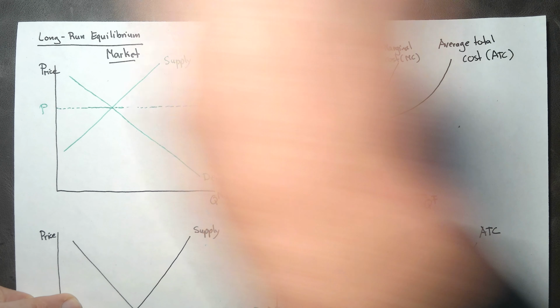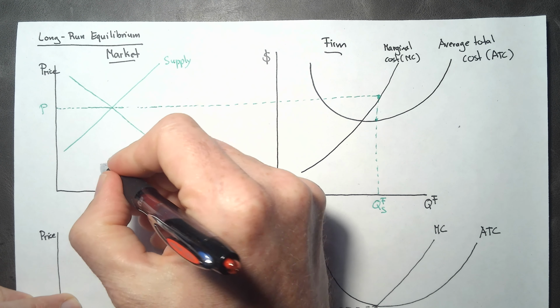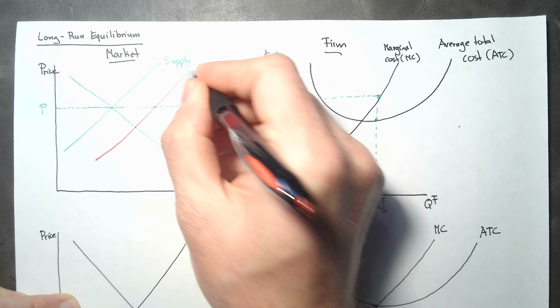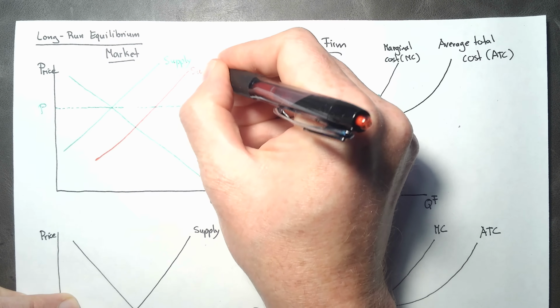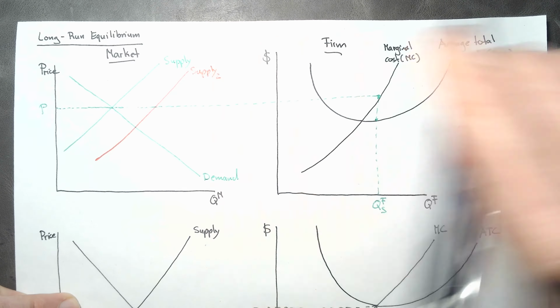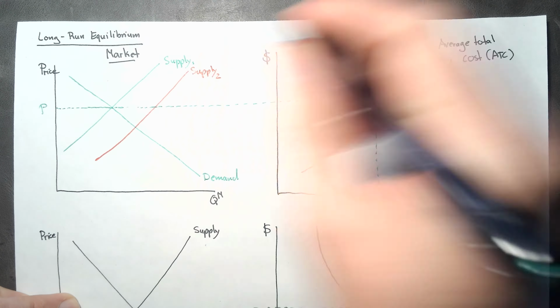So then more firms are entering the market. Let's call this supply 1 and the new one supply 2.